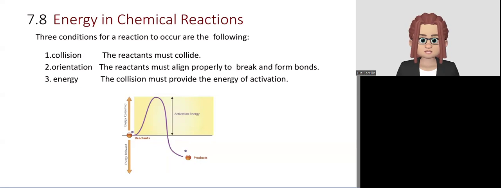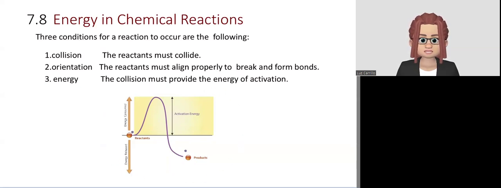Lastly, energy is involved when these collisions are happening. It must provide specifically energy of activation, or in other words, activation energy. The way that we illustrate the reaction progress for a chemical reaction is in a chemical reaction diagram, which is what we see illustrated right here in the bottom.